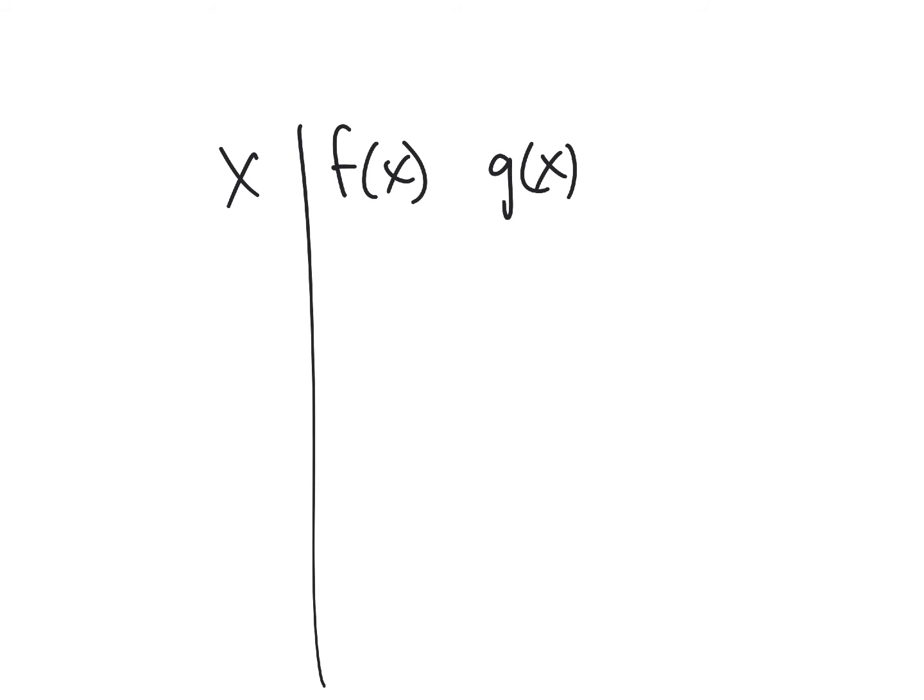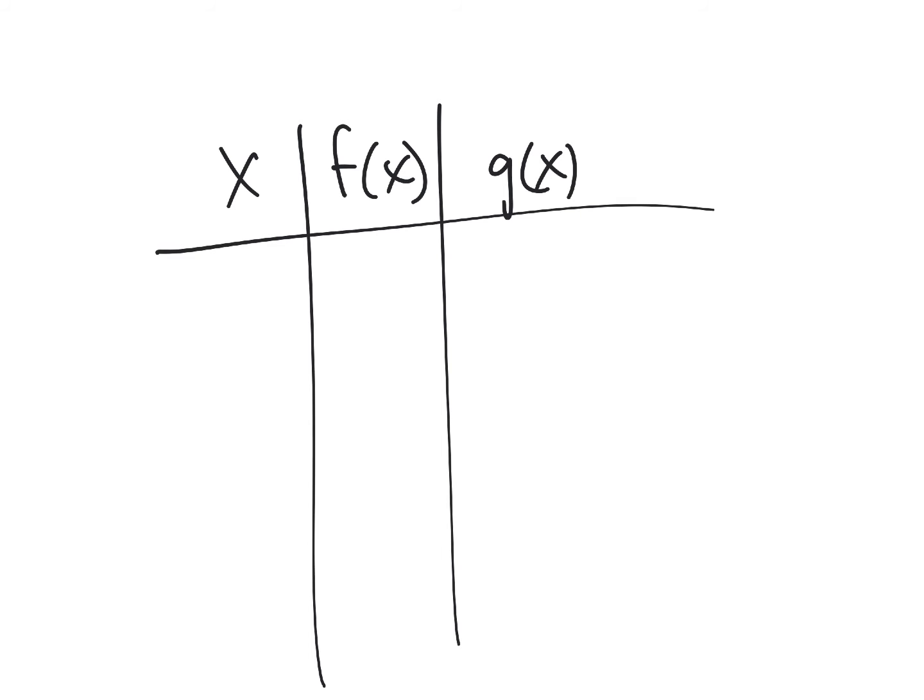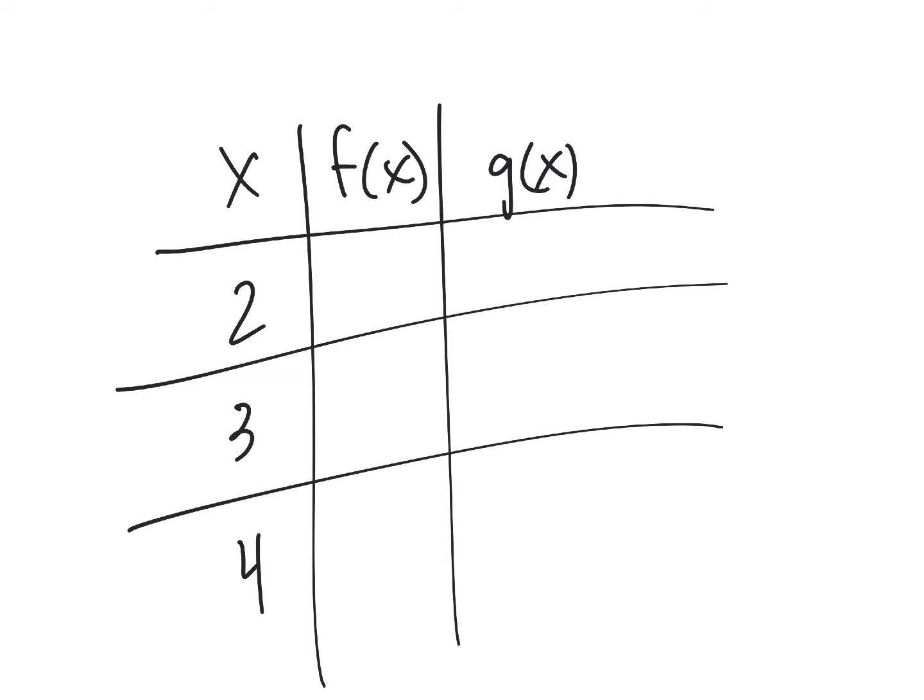All right, here's one more kind. Another table. We're going to have x, we're going to have f of x, and we're going to have g of x. Whoa. 2, 3, and 4. 4, 6, and 8.